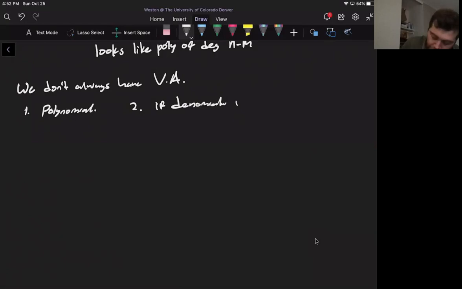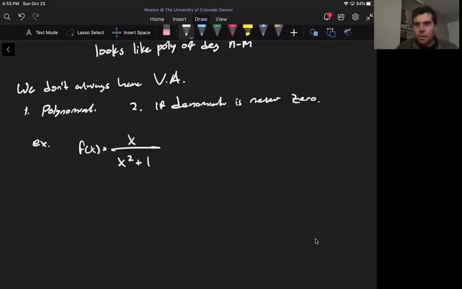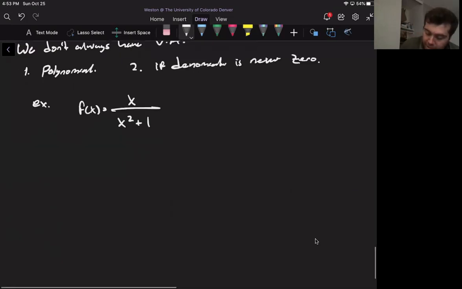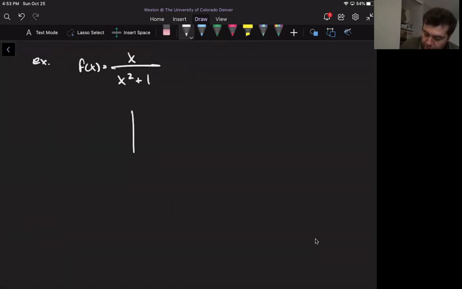So for example, you could have f of x equals x over x squared plus 1. In which case, our function is going to look something like this. The only place where something interesting happens is 0.